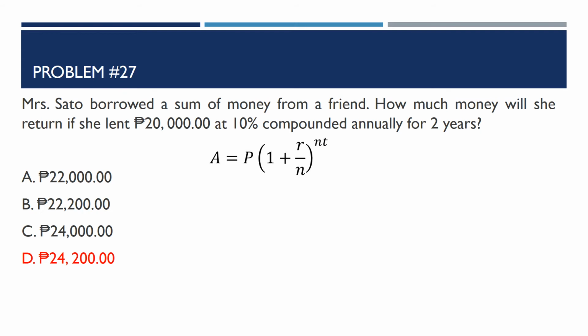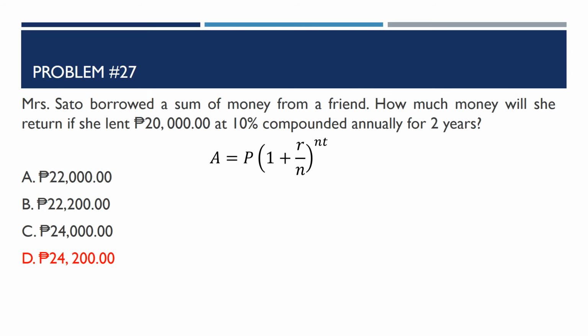Since it's compounded, it's a compound interest, so I'm going to use this formula for the future amount, which is P, or the principal amount, times 1 plus the rate over n, to the power of n times t, which is time. The P there is the amount that is being borrowed.